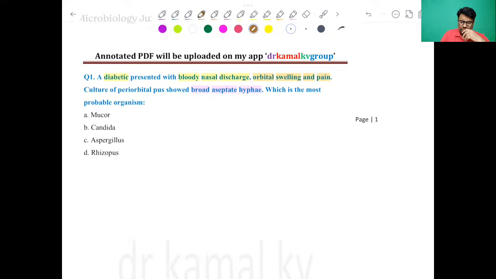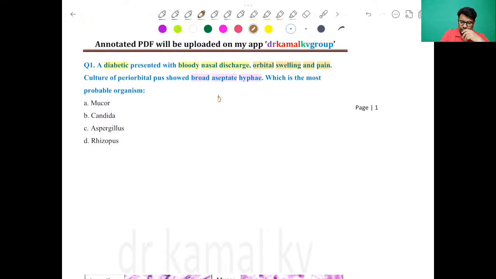So if we just write it down, diabetic person with bloody nasal discharge. Okay, there is a nasal discharge which is mixed with blood.